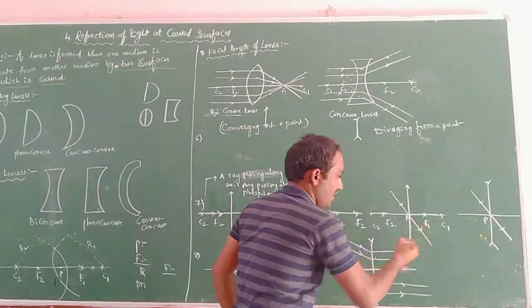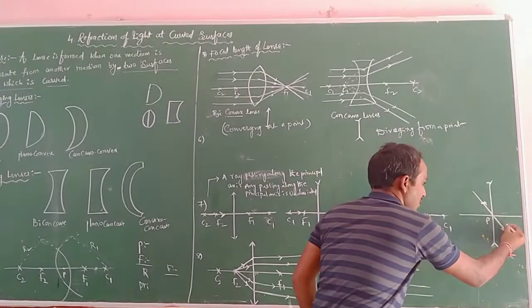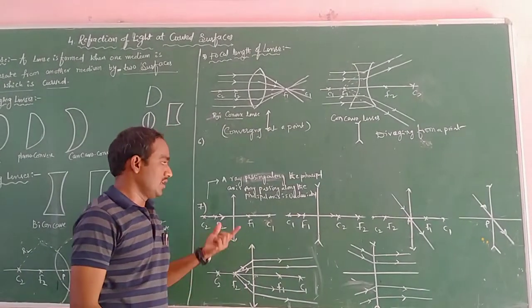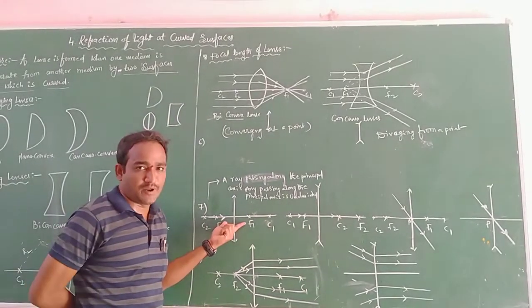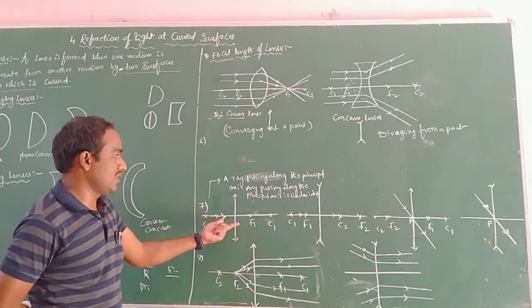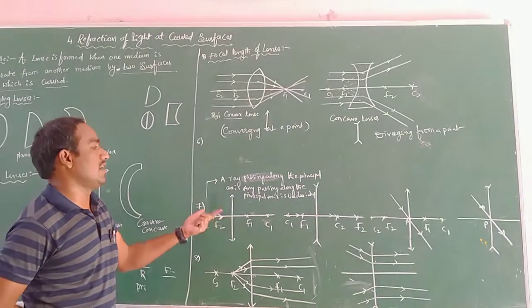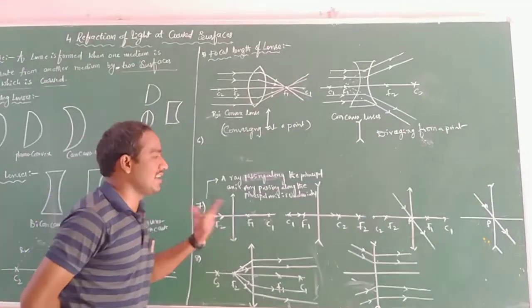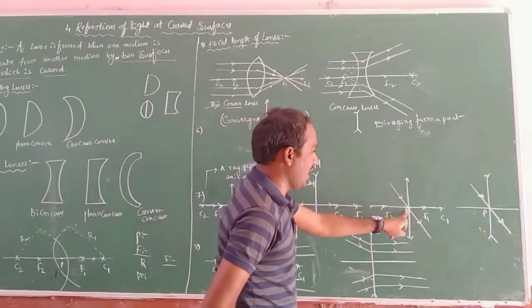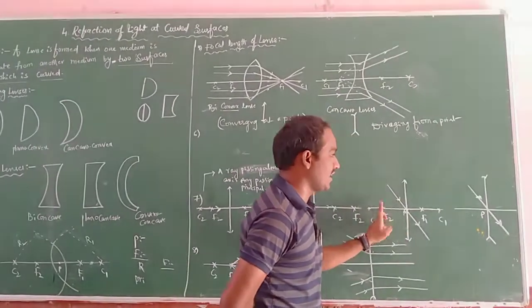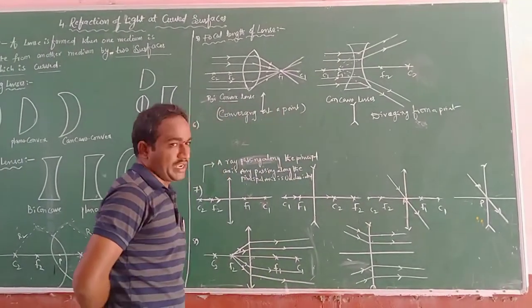So what do you understand? If any ray passes along the principal axis, it is undeviated, and if any ray passes through the optic center, it is also undeviated.